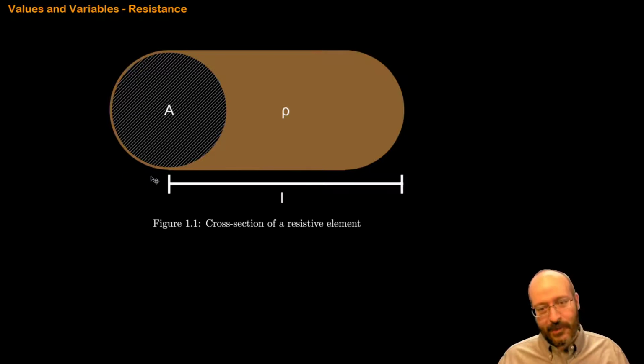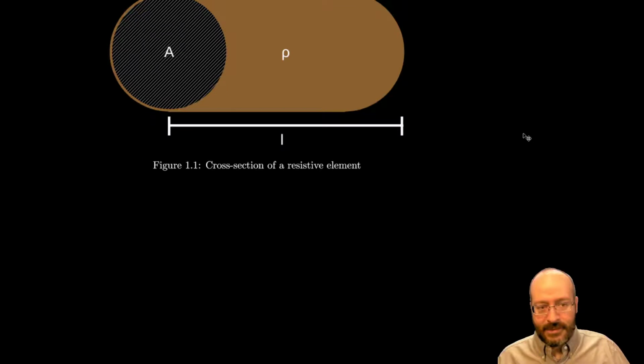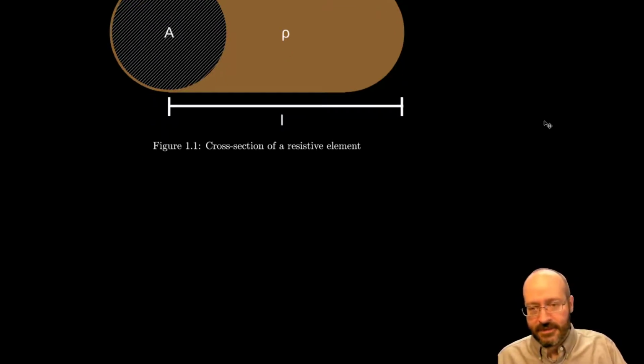It's some round wire, and it's got some length, it's got some cross-sectional area, and then rho is its material properties. And we're going to relate those in a really simple manner, a nice, easy equation as far as equations go in engineering classes, right?